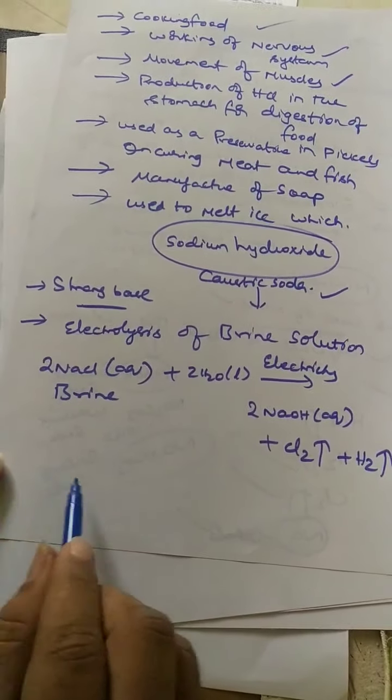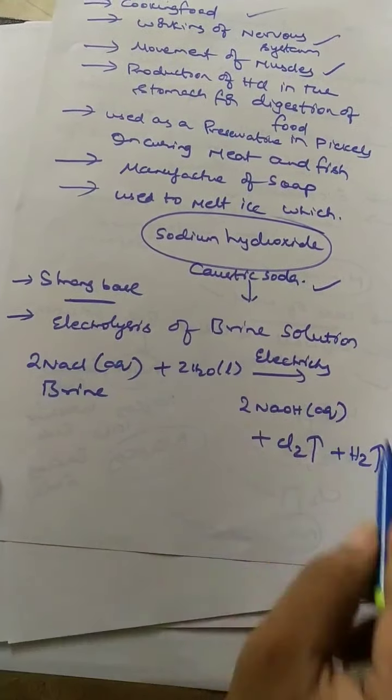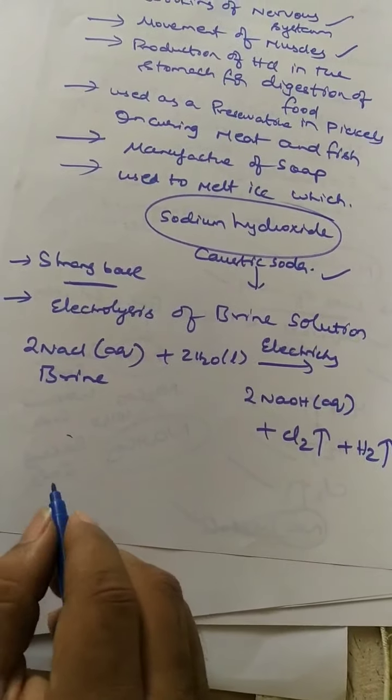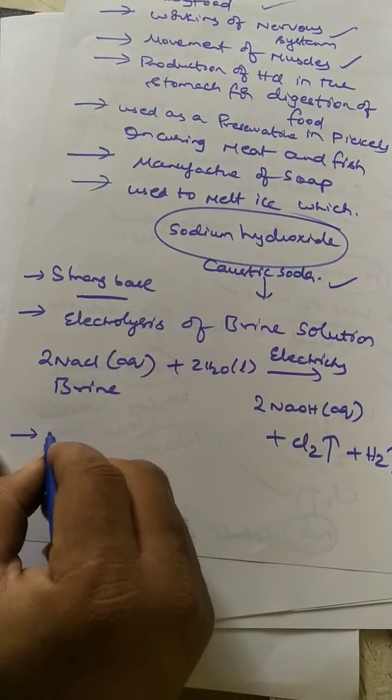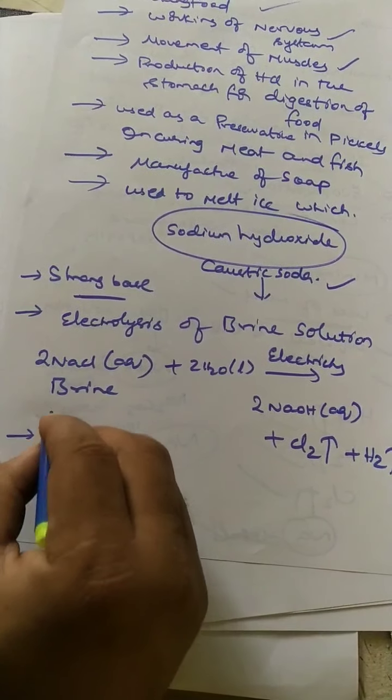During electrolysis of brine solution, always remember that electrolysis means cathode and anode will be there.